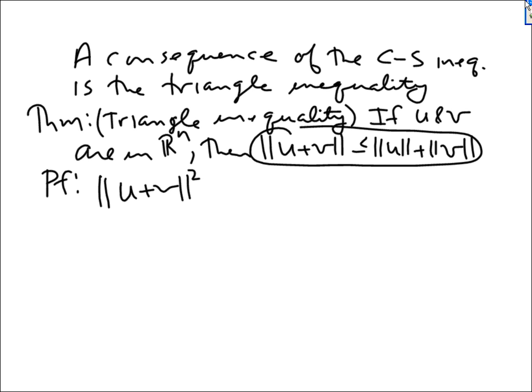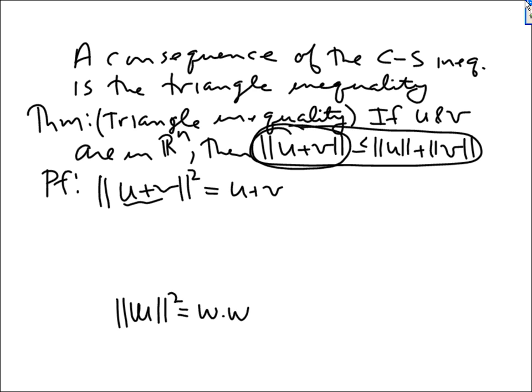That is, I'm starting with not the left side, but the square of the left side. But remember, the length of any vector, say w, squared is just w dot w. This vector w is u plus v. This is just u plus v dotted with u plus v.